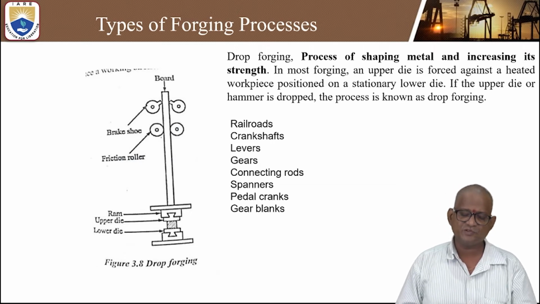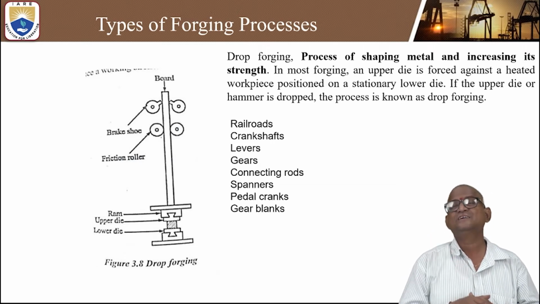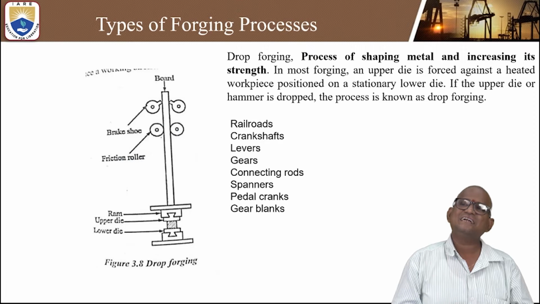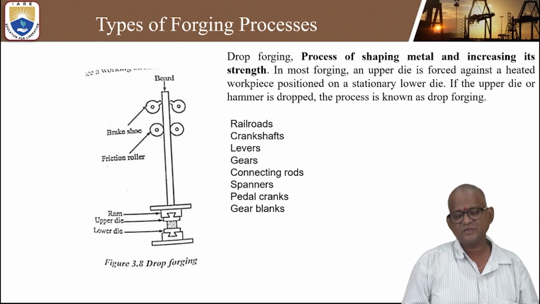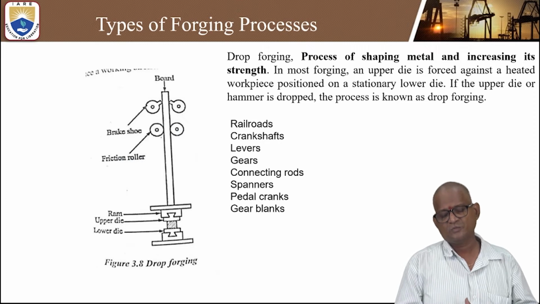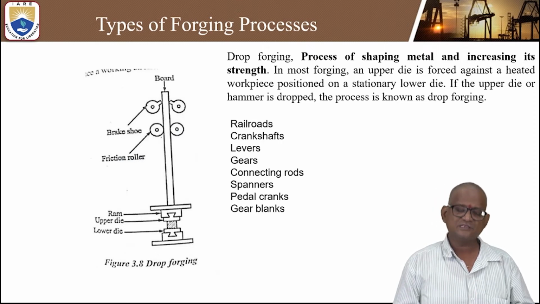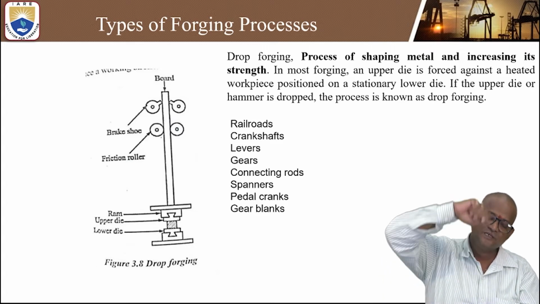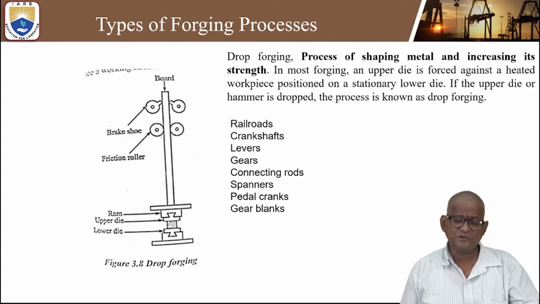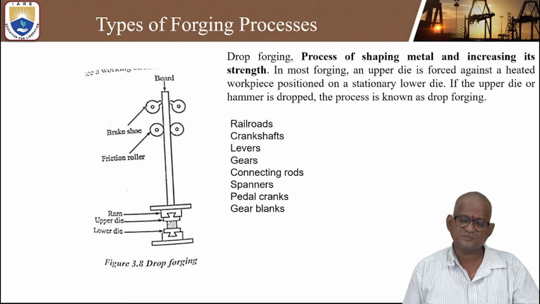The best examples for drop forging are spanners, wrenches, adjustable wrenches, and crankshafts. These are the best suitable applications and can be made with the drop forging process. Just simply I can remove the friction rollers and brake shoe.